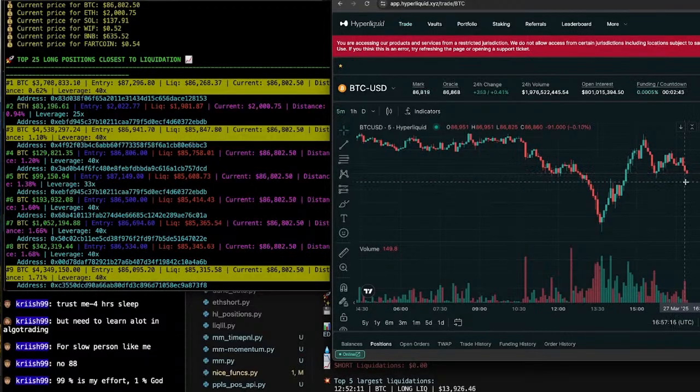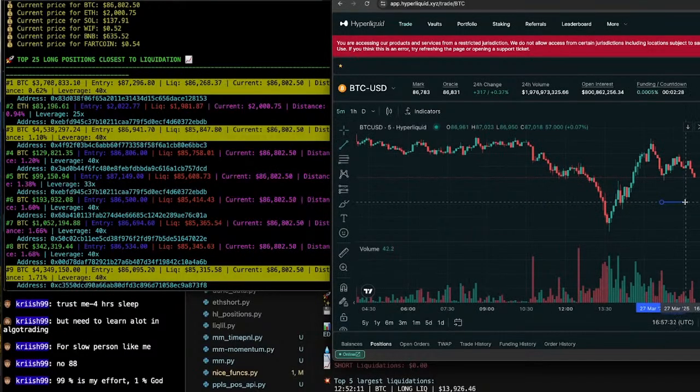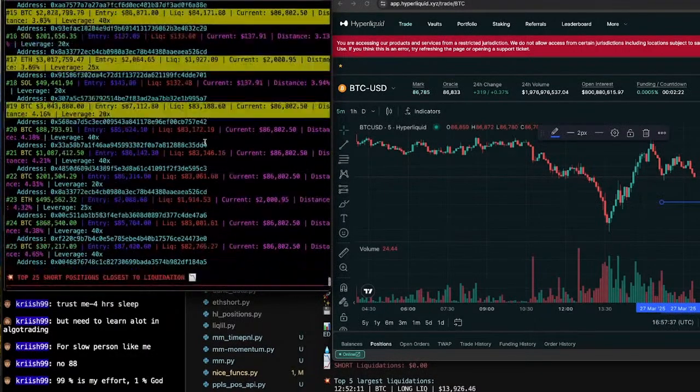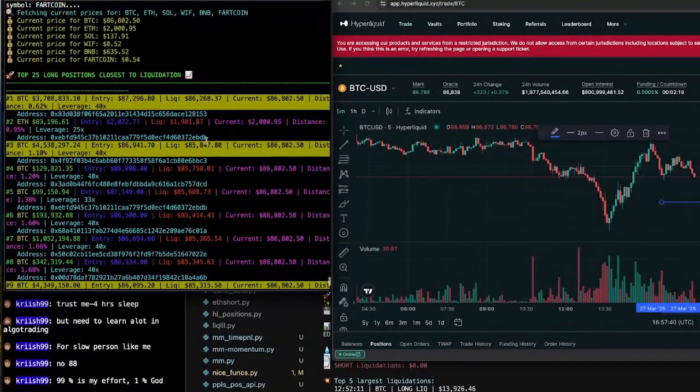I think he moved it down, or I've just been hallucinating over here. Okay, this is much further than I was originally thinking. I've probably just been tripping this whole time, but we'll see. Let's scroll back up here because I thought I was looking at it correctly. 86268. No, I think I was tripping.